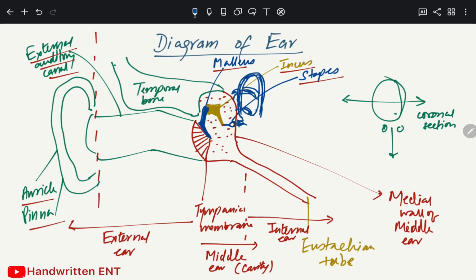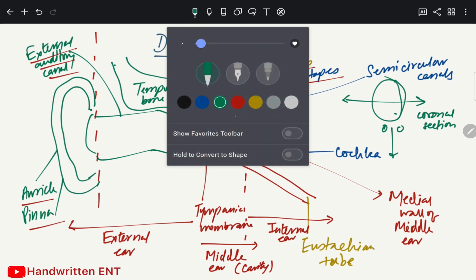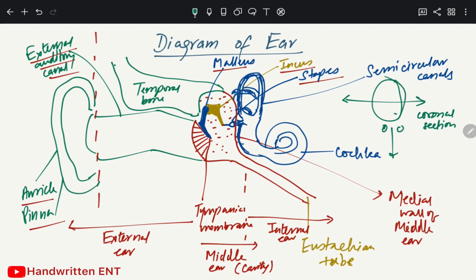Then we have the cochlea attached to it. So this is the cochlea. These are the semicircular canals, and they are part of the vestibular apparatus.